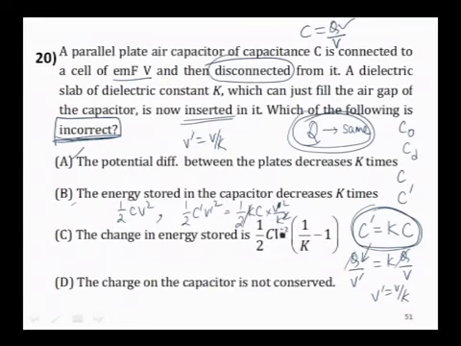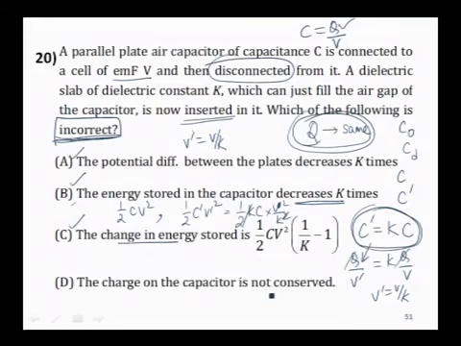So half CV square is divided by K, and therefore energy decreases K times is also correct. And because it is decreased by K times, earlier value half CV square is the value before, half CV square by K is the value after, and if you take the difference that represents change in energy, is also correct.